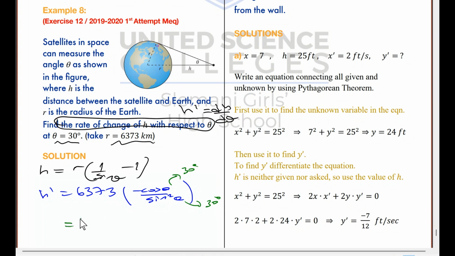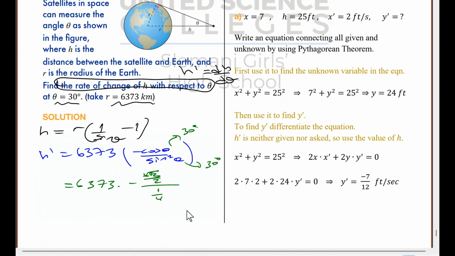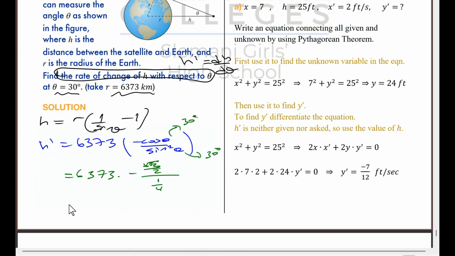So our answer is 6,373 multiplied by minus cosine 30, which is square root 3 over 2, and we already have the negative in front, and sine 30 is 1 over 2, we are squaring it, 1 over 4. So let's simplify this. You just type this in the calculator.